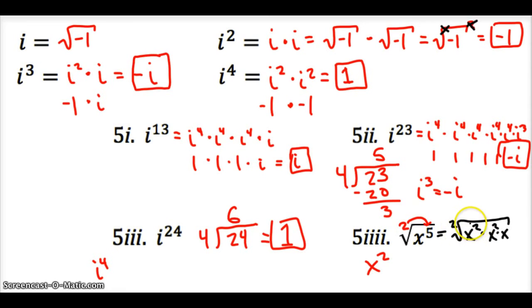I just took out one of these and one of these, right, to get x squared. What's the remainder? What's still inside the square root? That is going to be the square root of x. So this bad boy right here simplifies into this nice x squared times the square root of x.